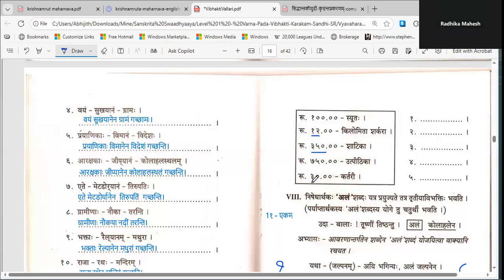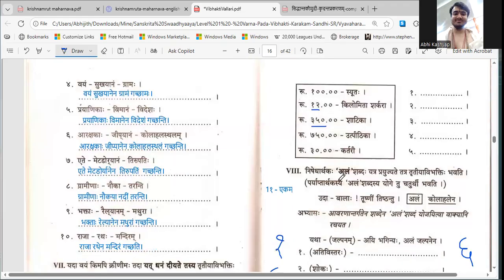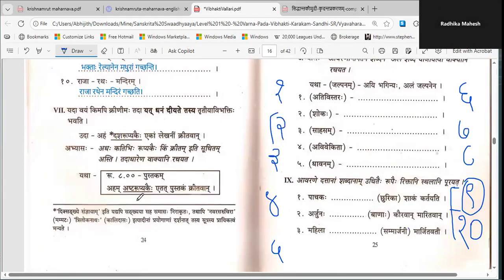Okay. Then 30 we already know is त्रिंशत्. So त्रिंशत् रूप्यकैः कर्तरी क्रीतवान् क्रीतवती. So those are the sentences. Okay. So this exercise is very small. We don't have to work too much to convert this because everywhere the unit of currency is rupiah only.